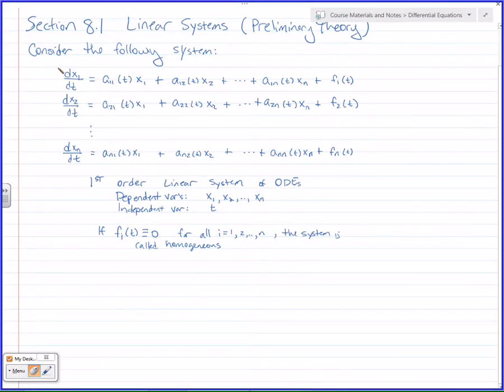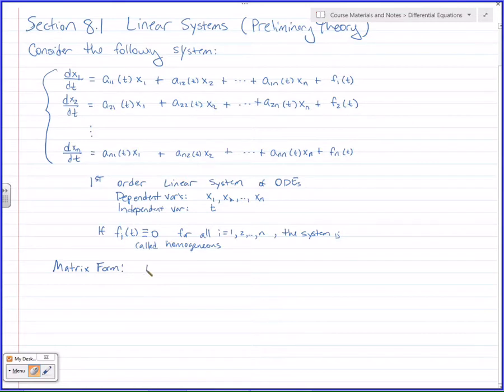the nice thing about this is that when we think of this as a system, we've already, in previous coursework, developed some very useful tools for writing this in a much more condensed way. If I want to think of this as a matrix system, I can do so using matrix notation.